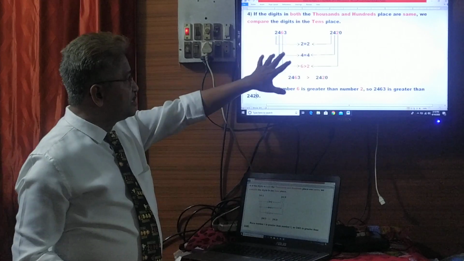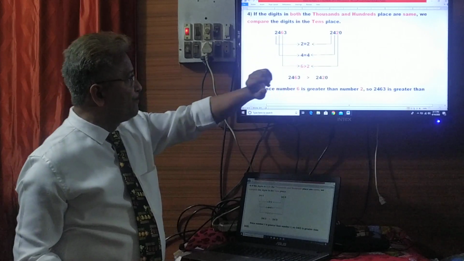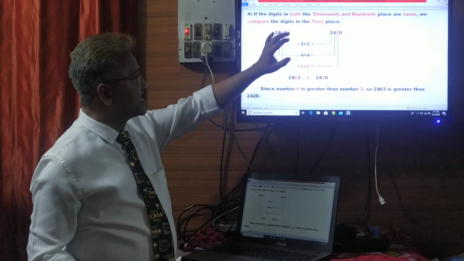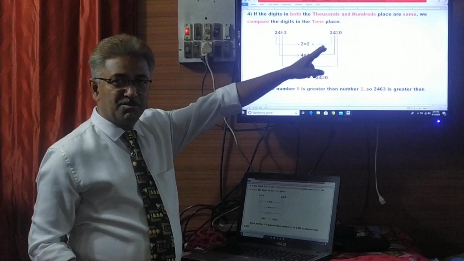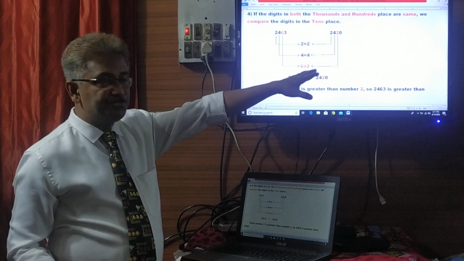The digit in the hundreds place is the same, 4 is equal to 4. The digit in the tens place here is 6, whereas in the second number it is 2. So 6 is greater than 2.